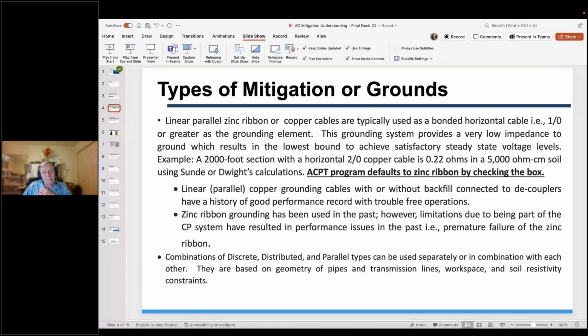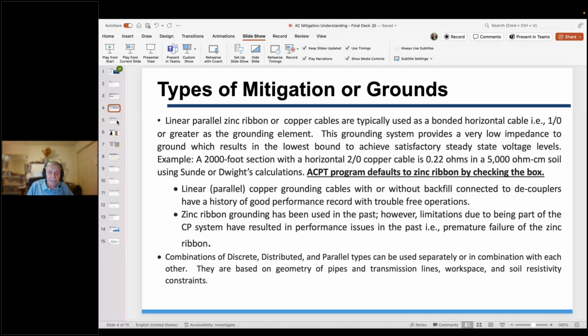One of the nice things about the program is you could use combinations of discrete, distributed, and parallel type grounding. I want to use the word grounding and not anodes, because really this is what we're dealing with.